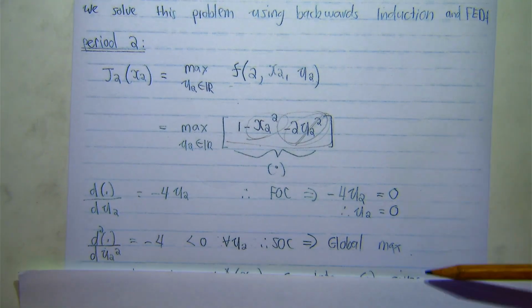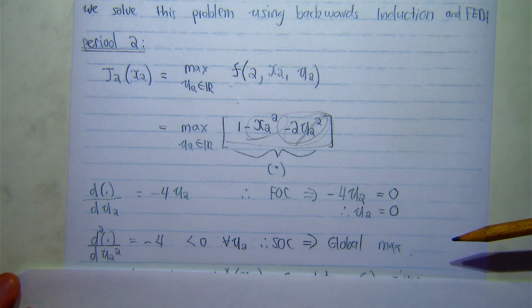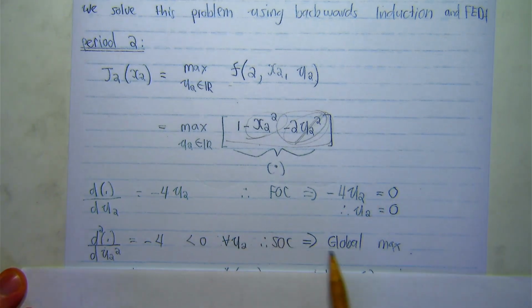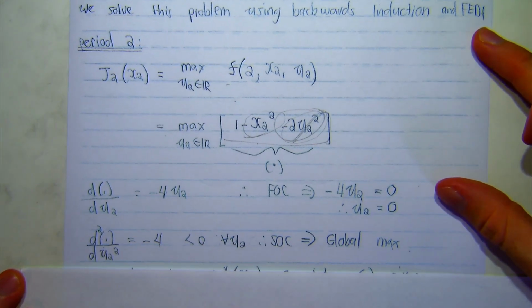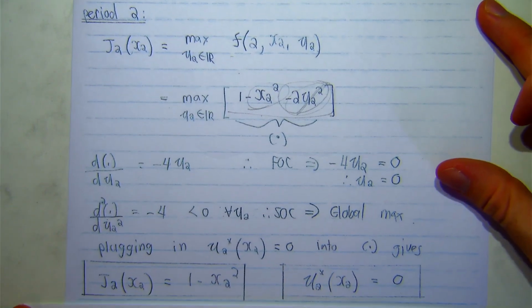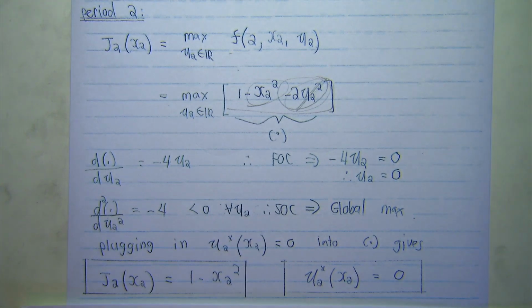And this is just verifying using simple one variable optimization techniques based on the first order condition being 0 and our second order condition showing that it's a max, that this is our optimal control variable for this period. And altogether, that tells us that our value function at period 2 is simply equal to this, and that our optimal control variable in response to x2 is just 0.